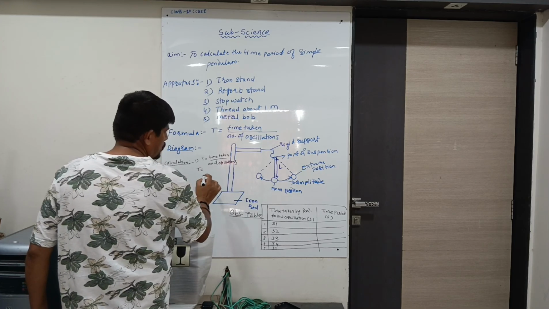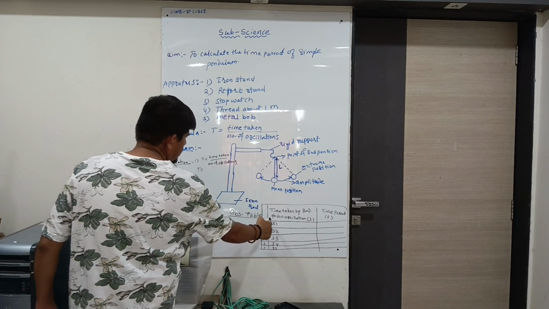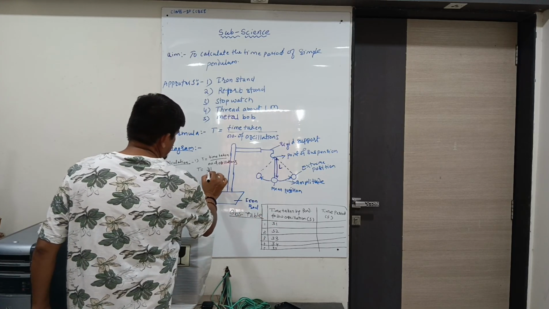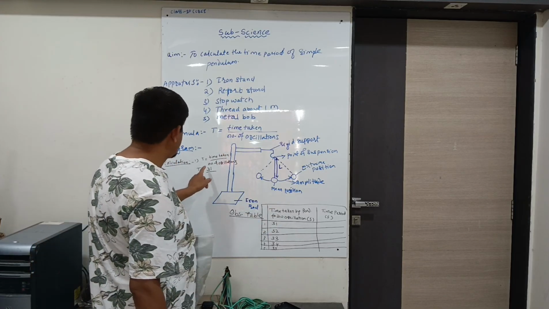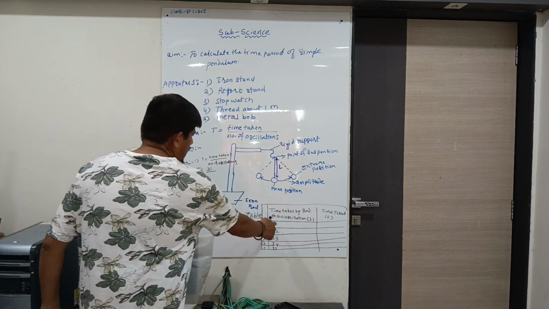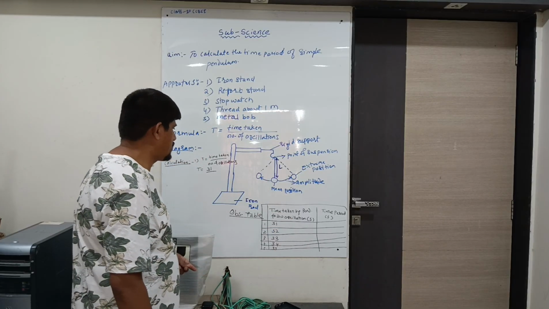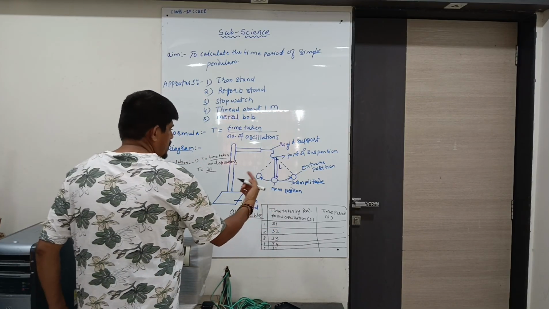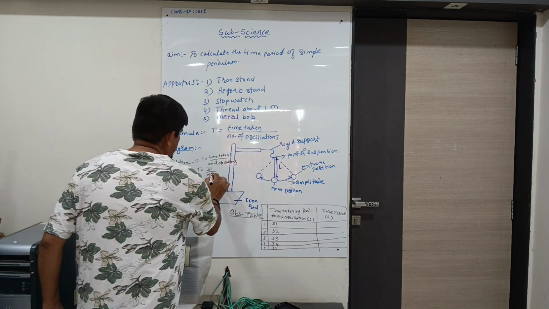That is T equals 31 divided by 20, where 31 is the time taken by the pendulum for completing 20 oscillations, and you are taking 20 as the number of oscillations.